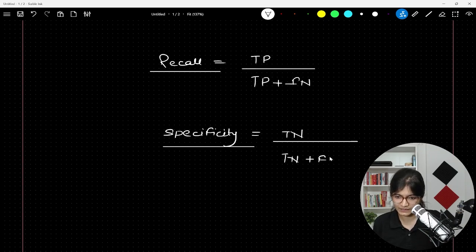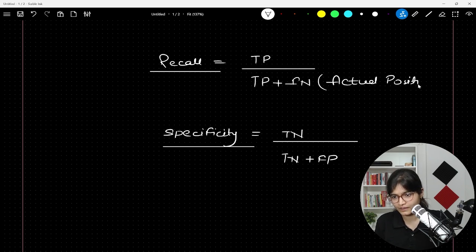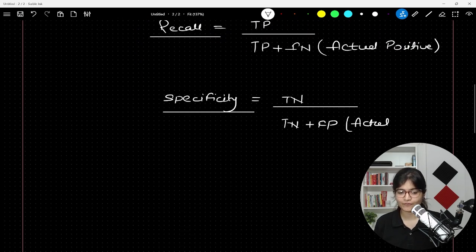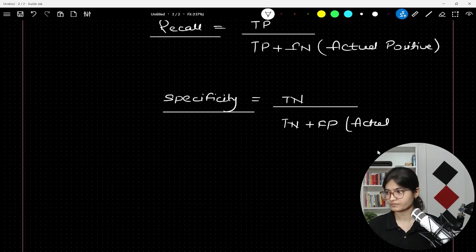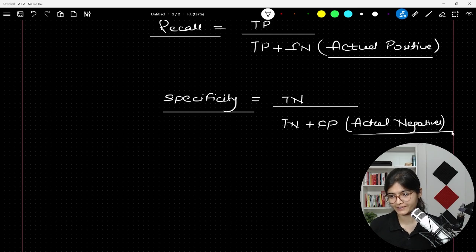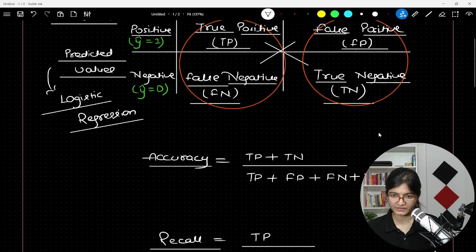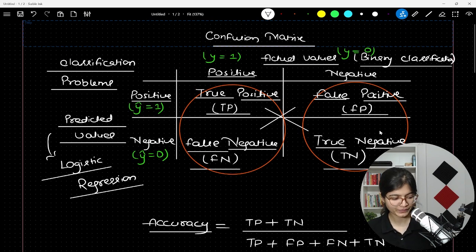Here it is the sum of actual positives, and here it is the sum of actual negatives. So I think so far things will be pretty much clear to everyone.